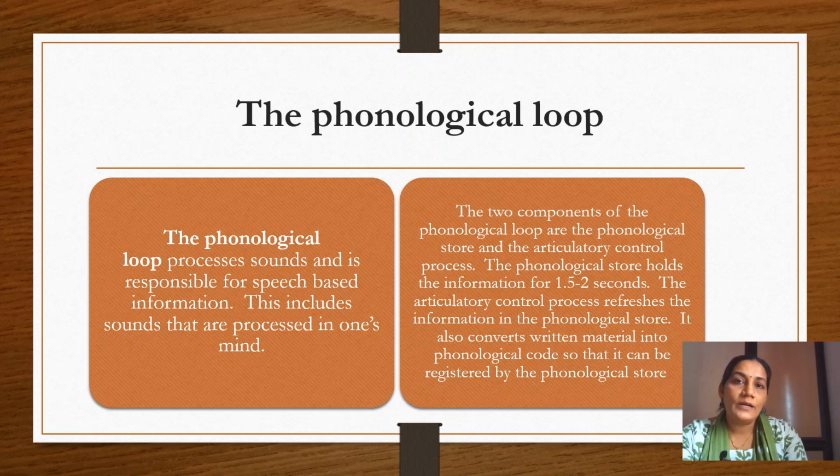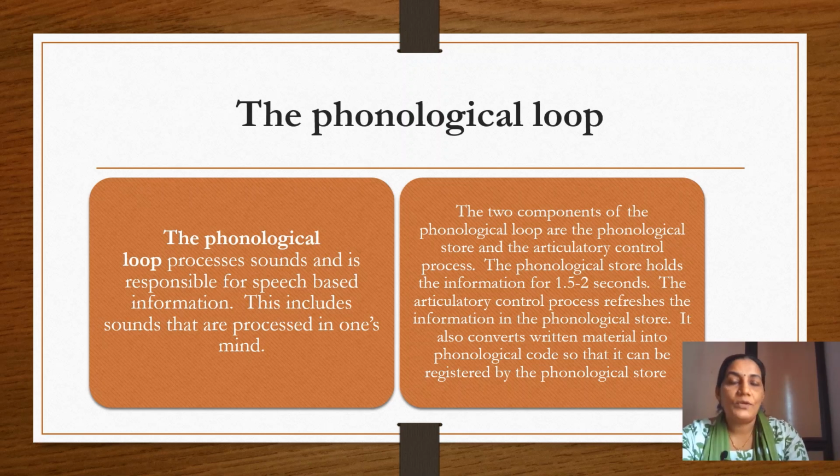The phonological loop's first subunit is the phonological store. This subcomponent holds information, especially sound or auditory information, for 1.5 to 2 seconds. So it can store only sound or auditory information, and this subunit is mainly for speech-based information.